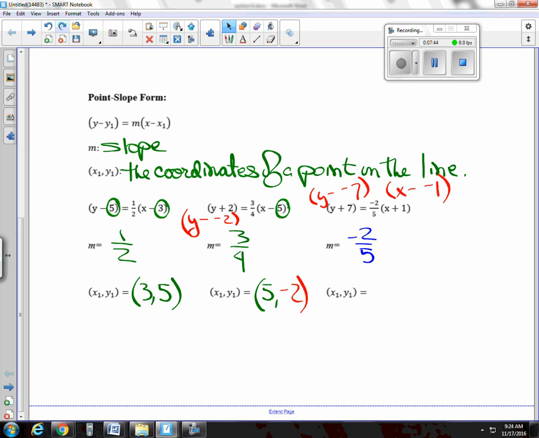It's x minus -1. See, y plus 7 means y minus -7. X plus 1 means x minus -1, because minus a negative means plus, right? So what's the x coordinate? -1. What's the y coordinate? -7. And there you have point-slope form.